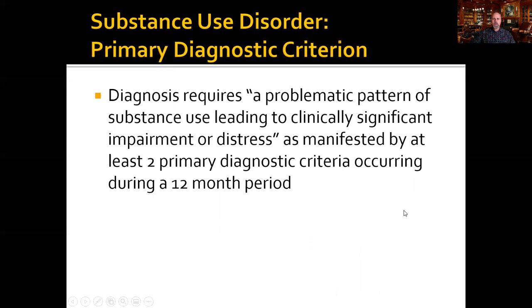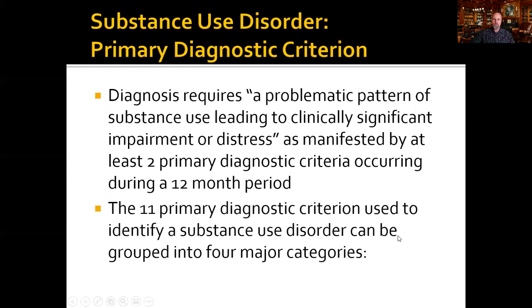As I said earlier, the diagnosis requires a problematic pattern of substance use leading to clinically significant impairment or distress. That's a fancy phrase for negative consequences, as manifested by meeting at least 2 diagnostic criteria. Remember, you have to have 2 to 3 criteria to even get to mild that occur during a 12-month period.